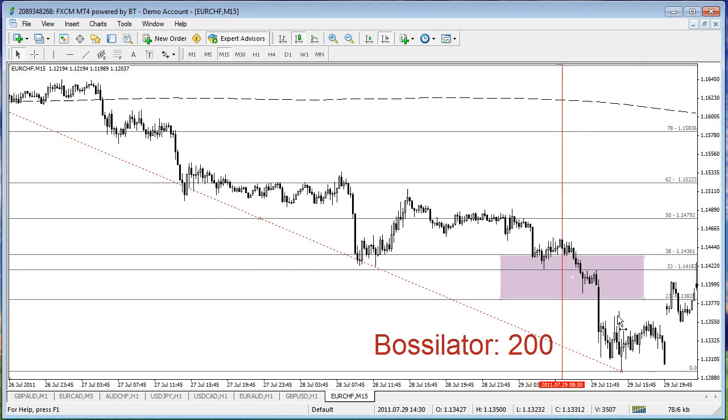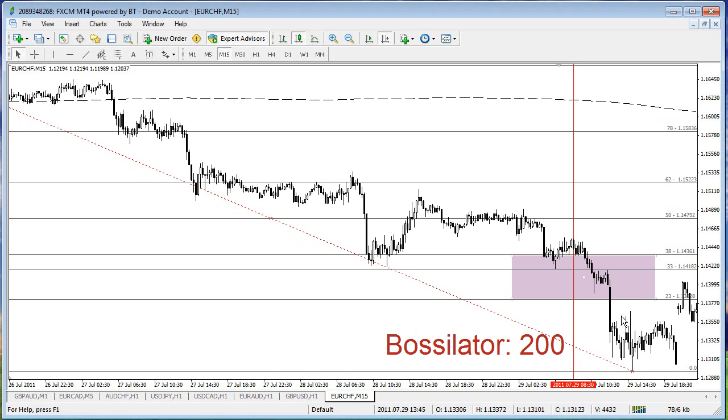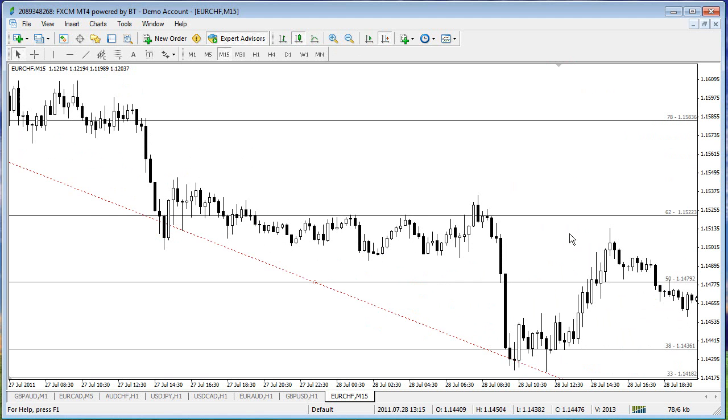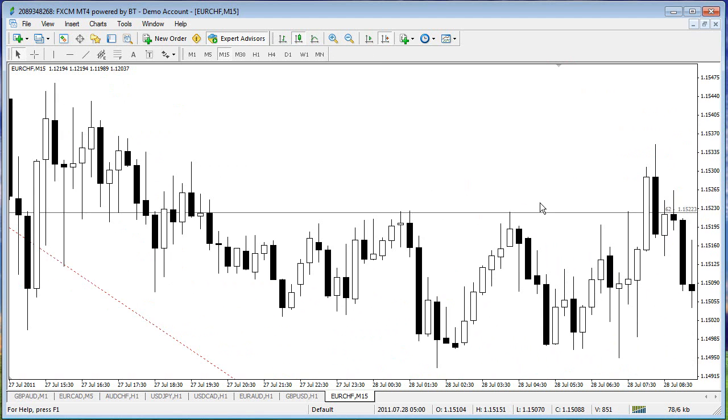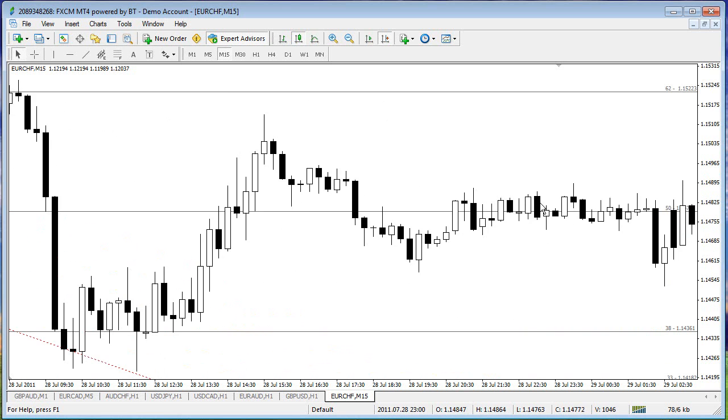What happens next is that this financial instrument does eventually rise up into the 23 to 38% zone. And you can see this a little bit closer up if I expand and increase the size of the candles on the chart.